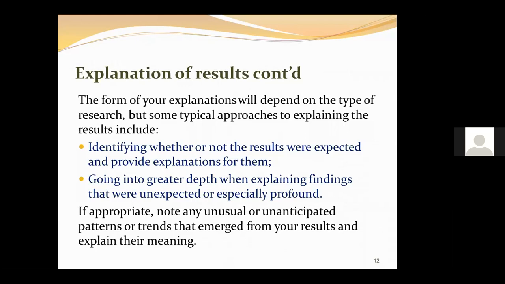Or, number two, going into greater depth when explaining the findings that were unexpected or especially profound. If appropriate, note any unusual, unanticipated patterns or trends that emerged from your results, okay? Let us pause here for a moment.